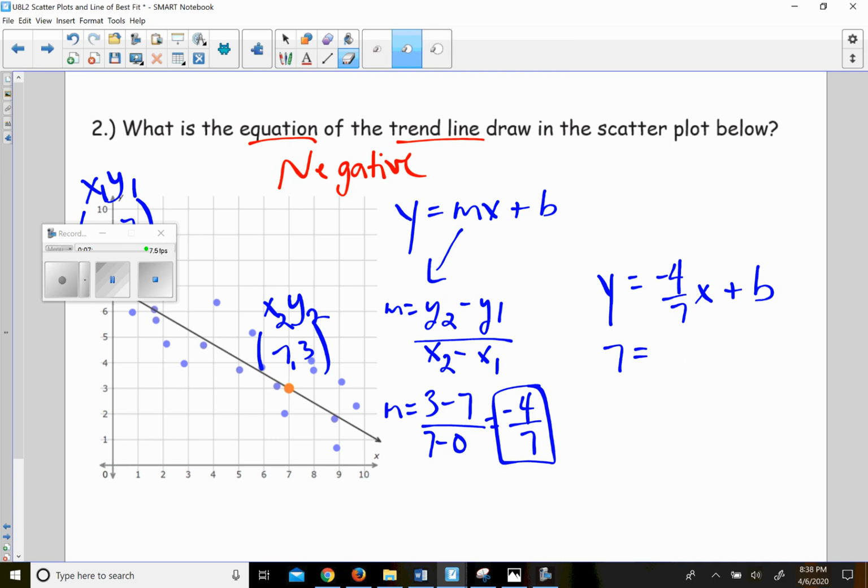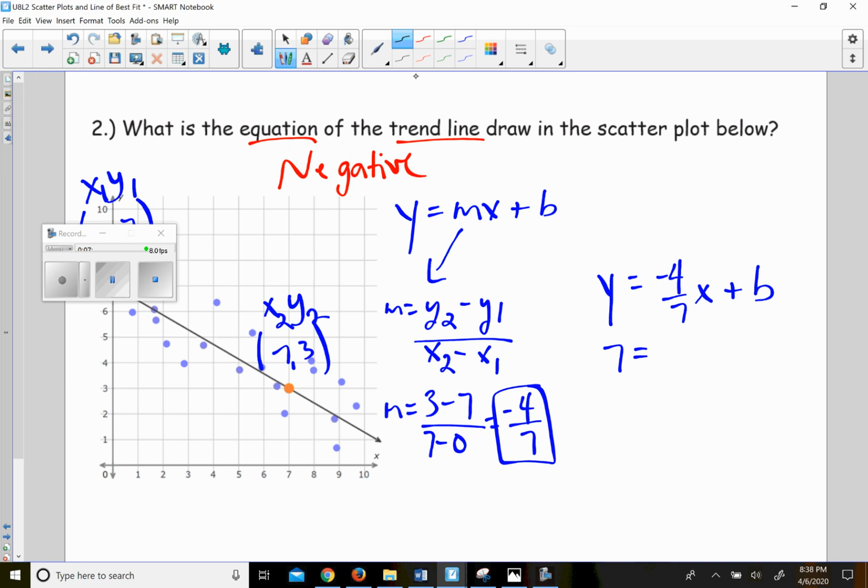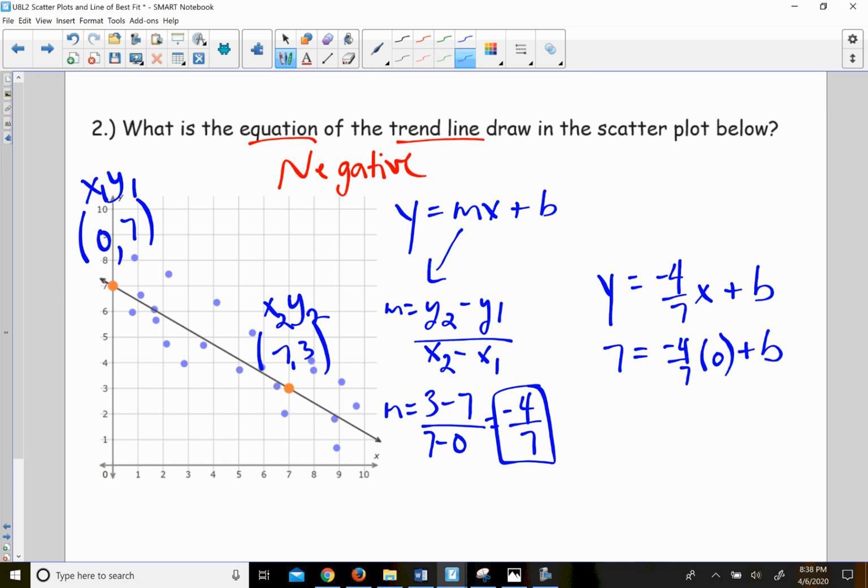fix this up a little bit. My pen got a little crazy there. So y, which is 7, equals negative 4/7 times, I'm going to use 0 for x, plus b. We're going to figure out that b value. So 0 times anything is 0. So 0 plus something equals 7.